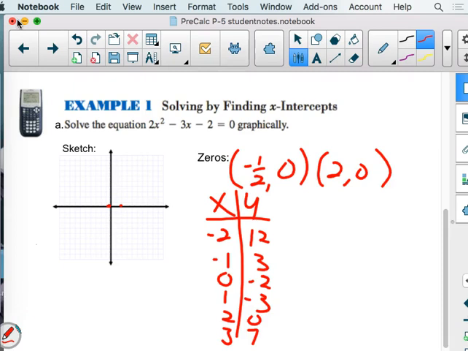You know, (-2, 12), like I said, it's just going to give us something to aim at. (-1, 3). (0, -2). (1, -3). Boy, this is graphing high now. (2, 0), which we already had, and (3, 7).